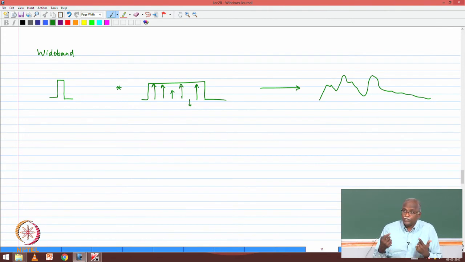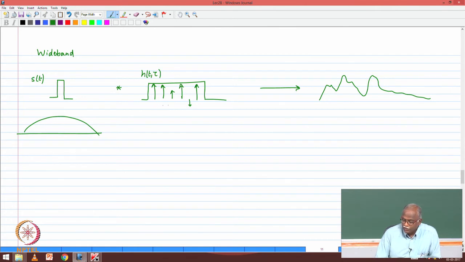Okay. Now, what is the frequency domain interpretation? This is s of t, this is h of t comma tau, sorry, lowercase h of t comma tau, and again the dispersiveness of the channel is visible here. If I look at it in terms of frequency, s of t is a wideband signal.